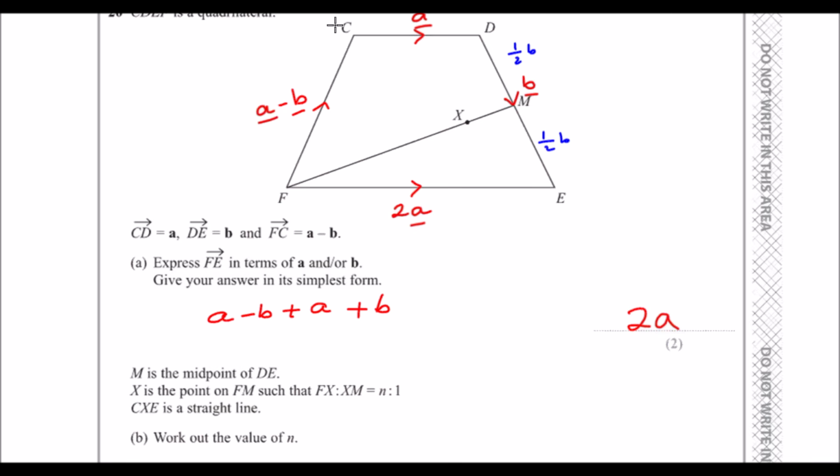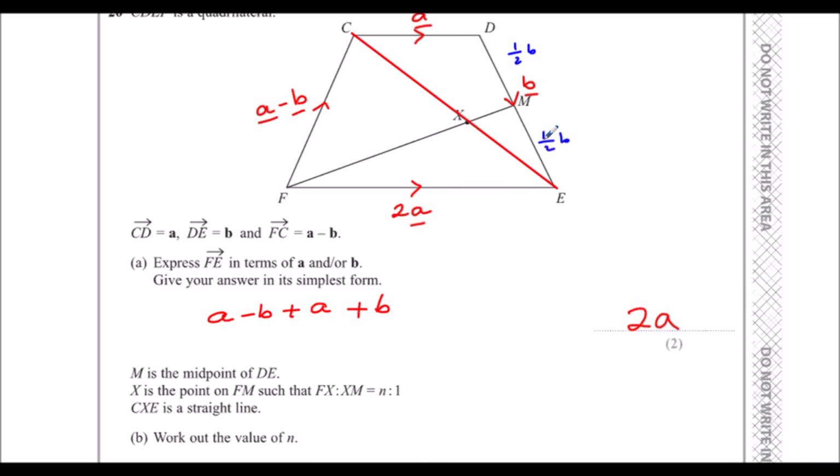CXE is a straight line. Work out the value of N. So this question's saying how far along F to M is this X point. So what is the ratio of FX to XM?